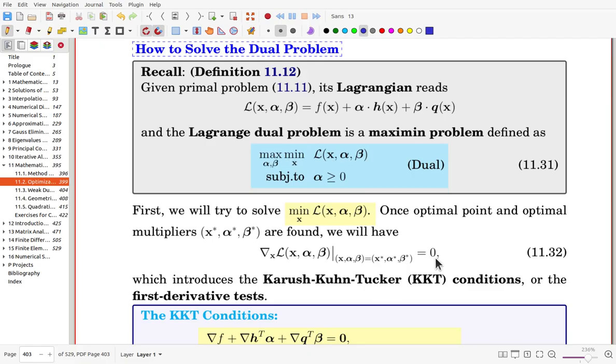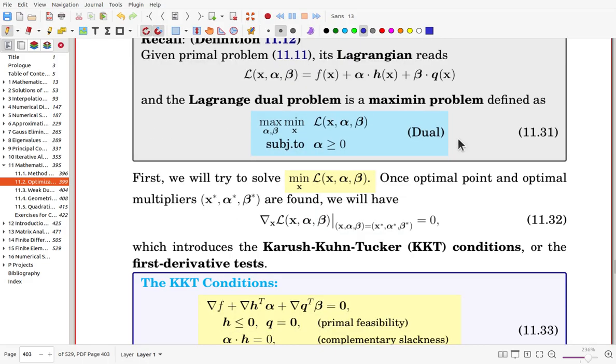This equation introduces the so-called KKT conditions, or first derivative tests, because this is the first derivative. Once you take the gradient with respect to x of this Lagrangian, you see it equals 0. By solving this, you can find the optimal points. When you solve this, you need conditions.